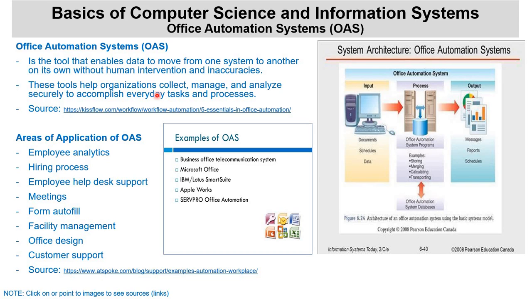So it's very automated, and that's why it's called Office Automation Systems. And the tools here help you to organize and manage a lot of things in order to accomplish your tasks and processes. Examples of where you can find this are in a hiring process or interview, where instead of making phone calls, you can get emails automatically telling you you have an interview.